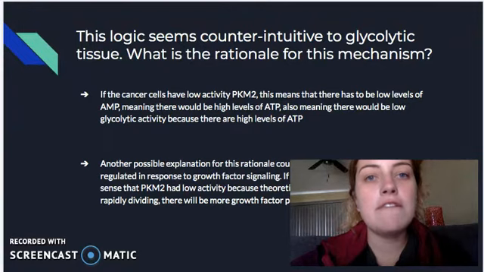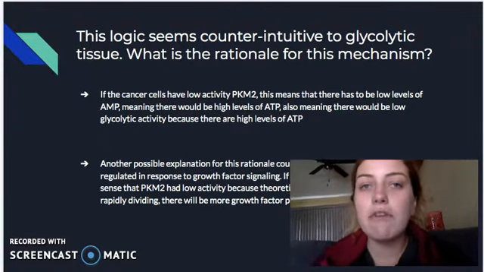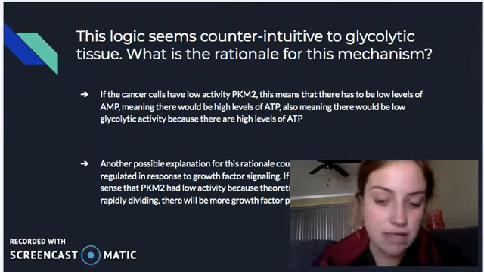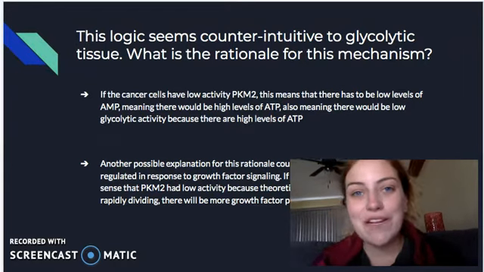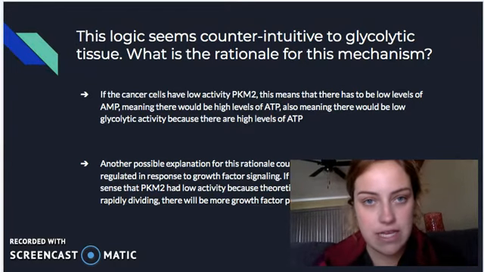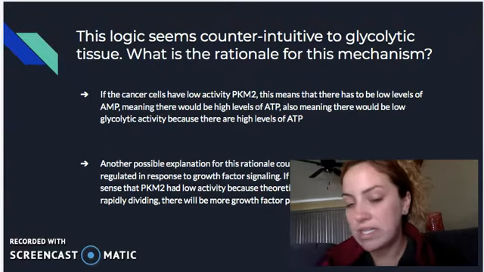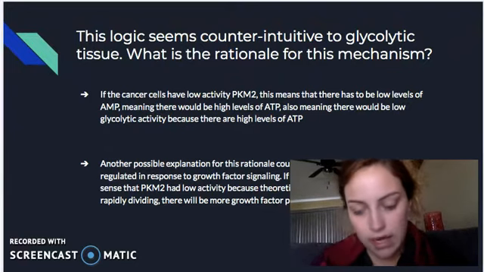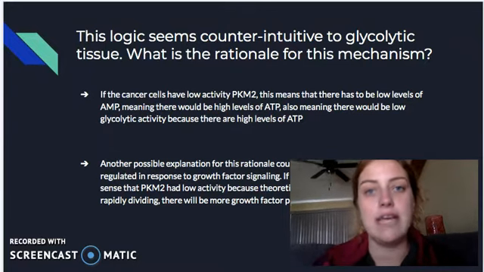So if it's low activity PKM2, then there has to be a low level of AMP, meaning that there has to be high levels of ATP, which would also mean low glycolytic activity because there are already high levels of ATP. So what's the need to make more through glycolysis if there are already high levels? That was one of the theories I came up with.